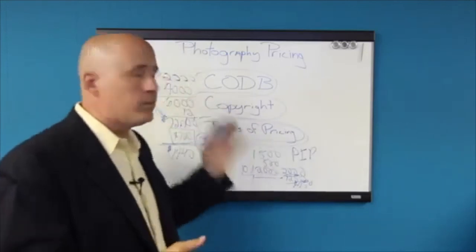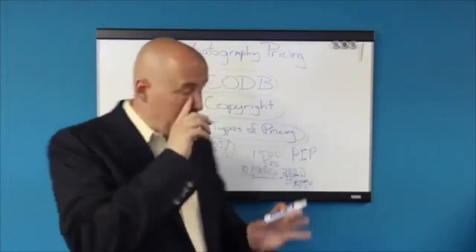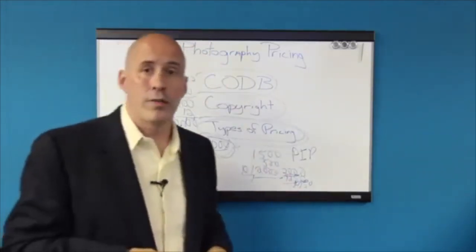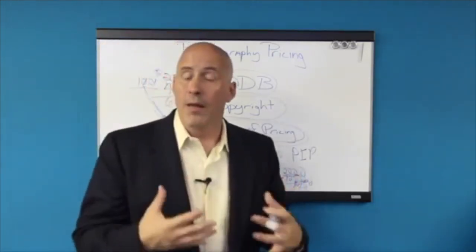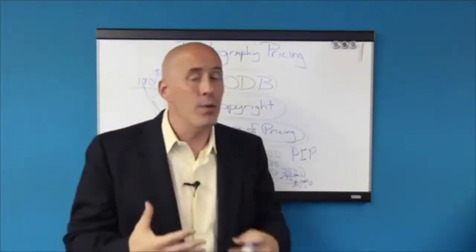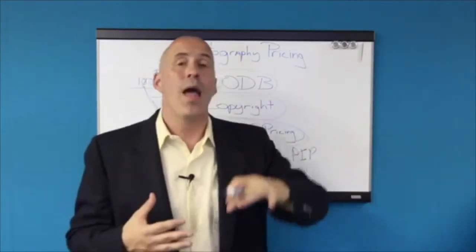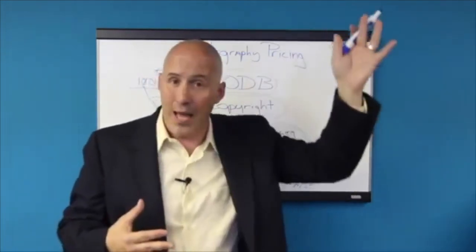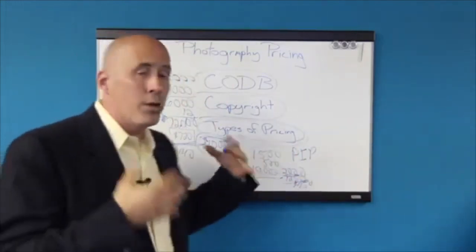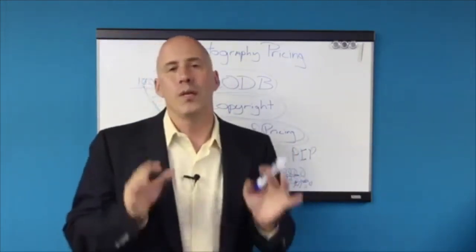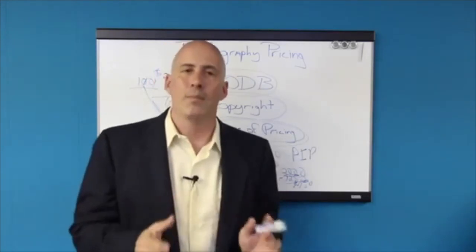So now we know the basics. We know that we want to understand our cost of doing business. We understand our copyright, and that our images actually have value, and actually have more value as we go up the ladder in terms of distribution and usage. And we also know there are many different ways in which we can price our photography, and it's important to know that.